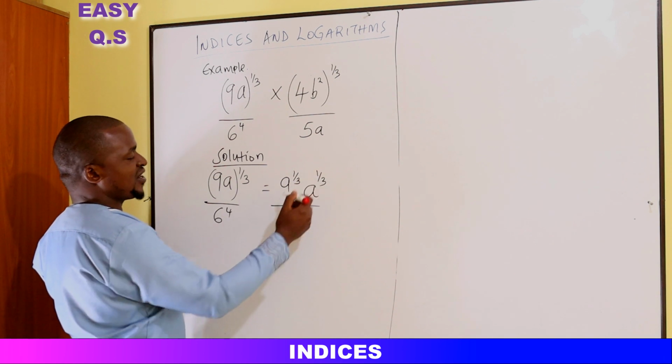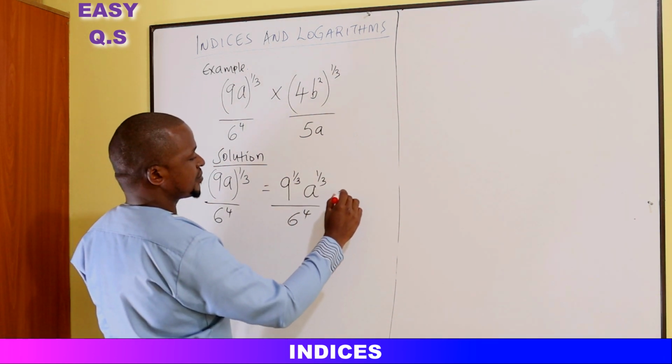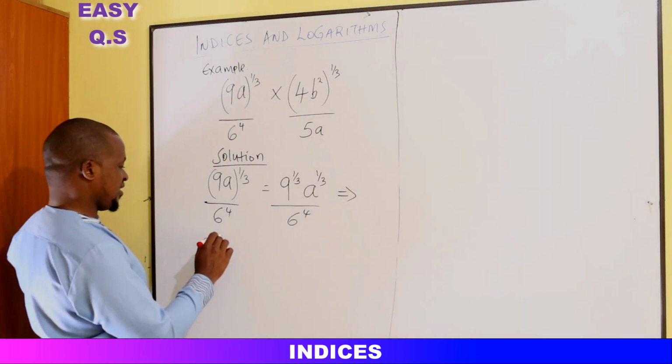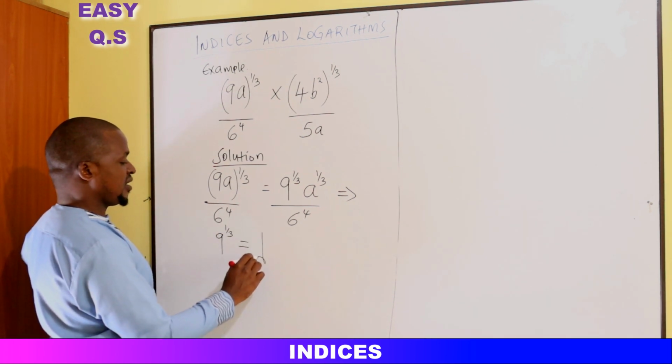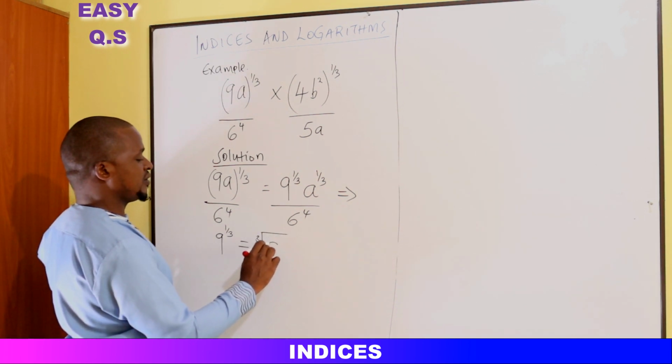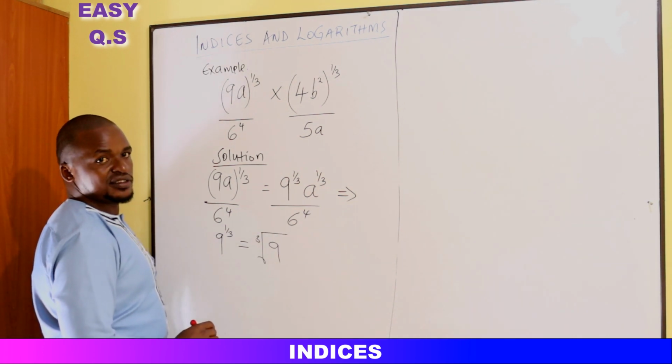So 9 raised to power 1 over 3 is the same as the cube root of 9.